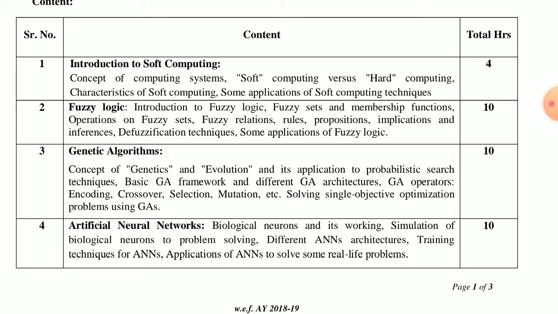Then we learn its applications and then its search techniques. Then basics of GA framework and different GA architectures. When its basic introduction is completed, then we learn its framework and architecture.